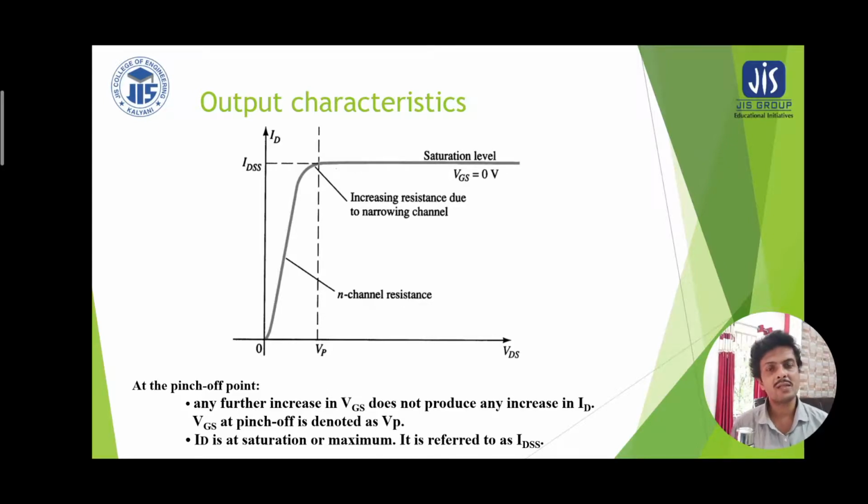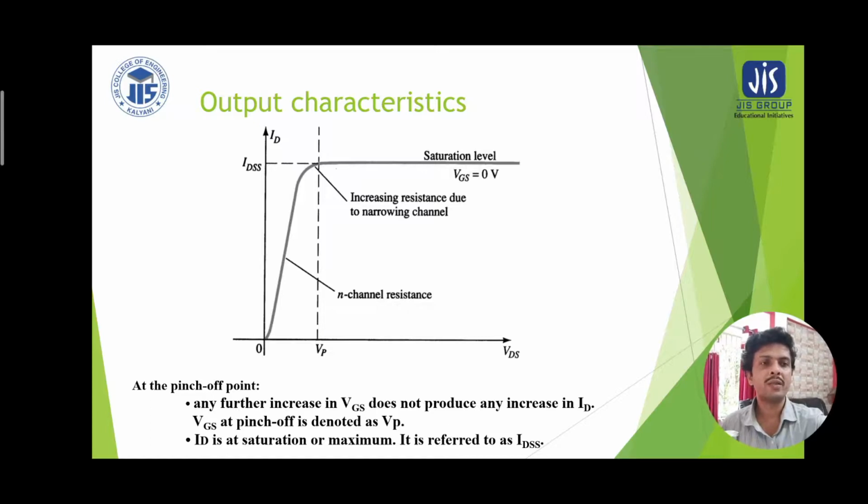Now, until the drain to source voltage reaches the pinch off voltage, there is a gradual rise of current. That means a gradual increase of flow of charge through the channel. We can explain this point in this way: there is a width of the channel that is determined by the reverse bias of the gate to source voltage.